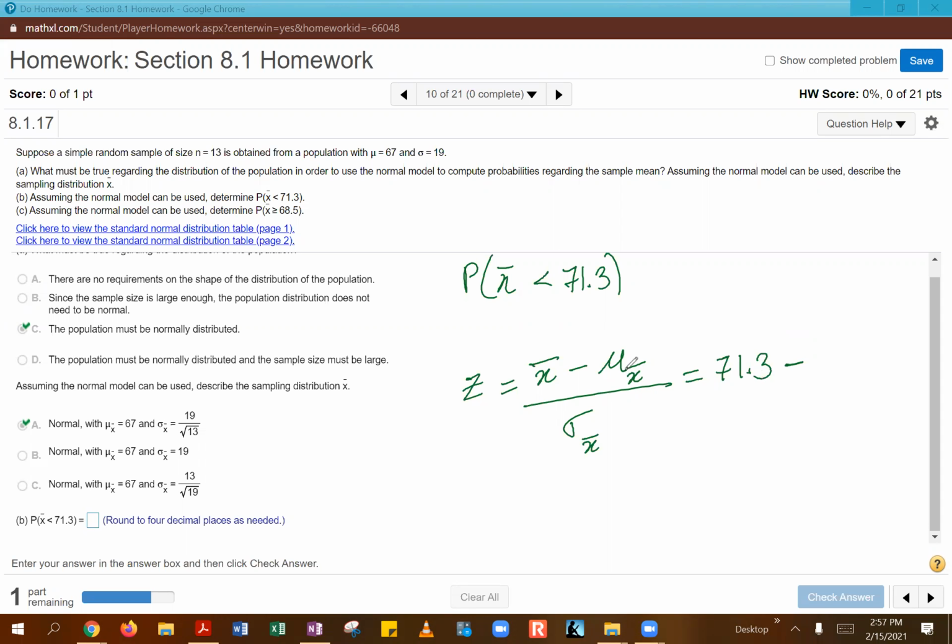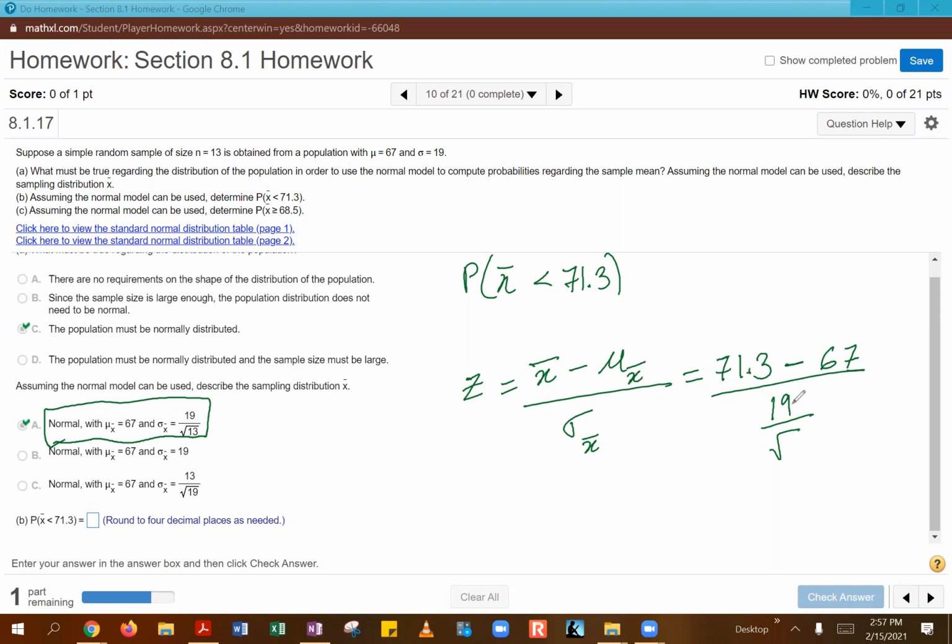Your mu sub X bar, you can get that from the second question that we just did. So right over here, that's going to be 67 minus, and our denominator sigma sub X bar is going to be 19 divided by square root of 13.